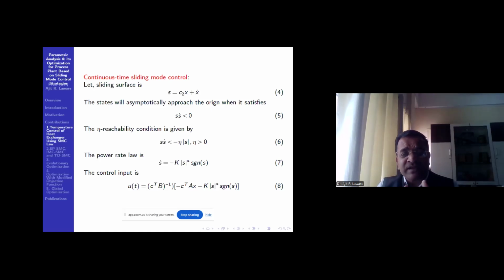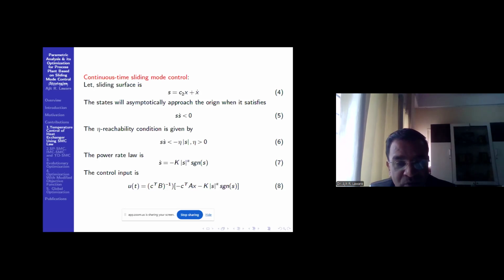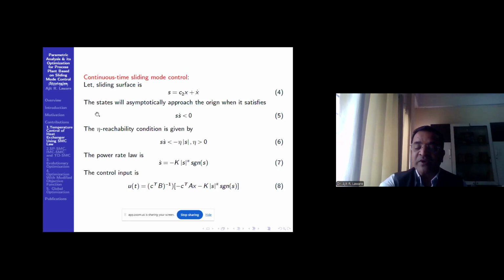Then the power rate law is minus K mod of S raised to alpha Sgn of S. This alpha is between 0 and 1, and it is used for low chattering. And if you increase the value of K, that gives faster convergence. And finally, the control input is represented by equation 8.